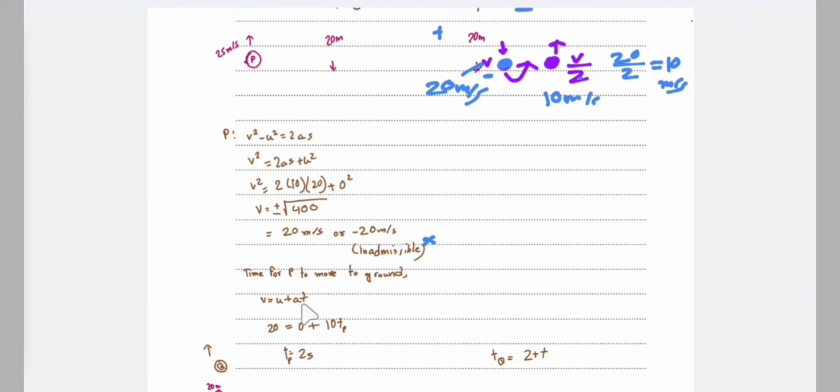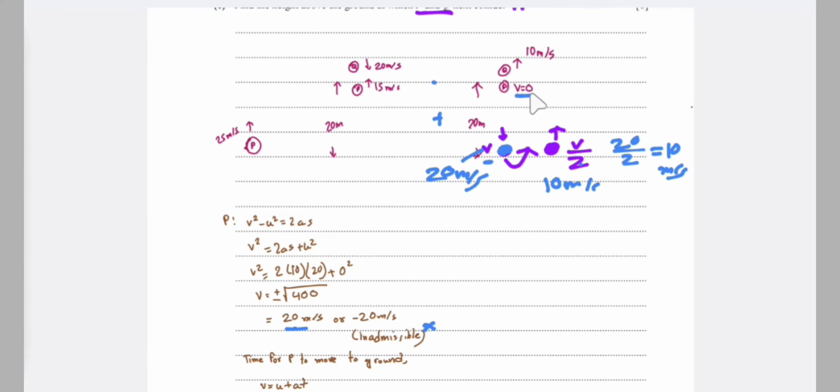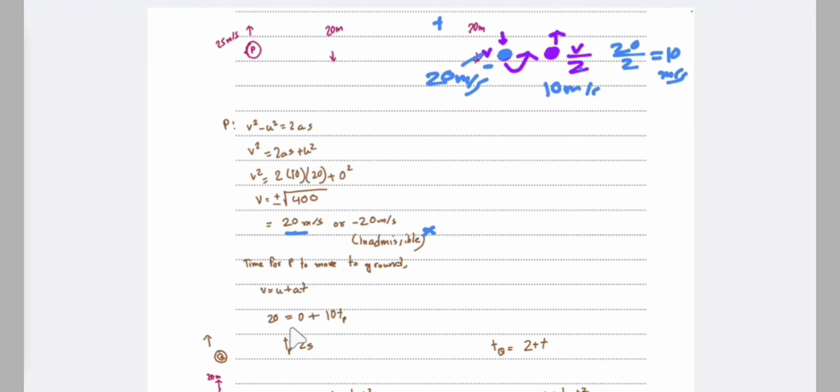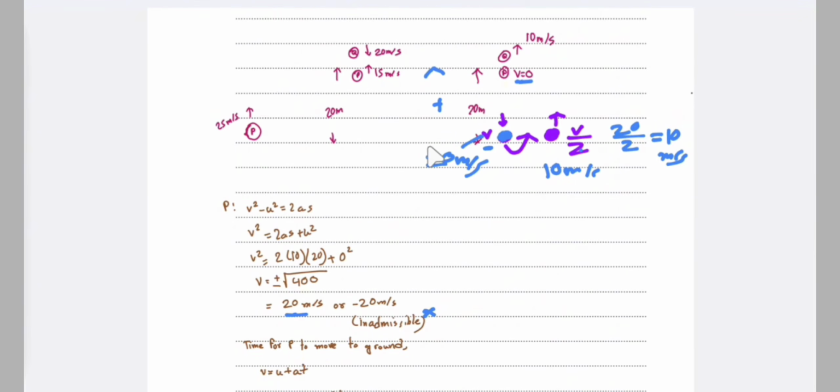So v is equal to u plus at, and we have found that the final speed when it reaches the ground is 20 meter per second, and initially it is at rest, that is, the initial speed is 0, plus acceleration is 10 meter per second square, times t, the time for P to reach the ground.